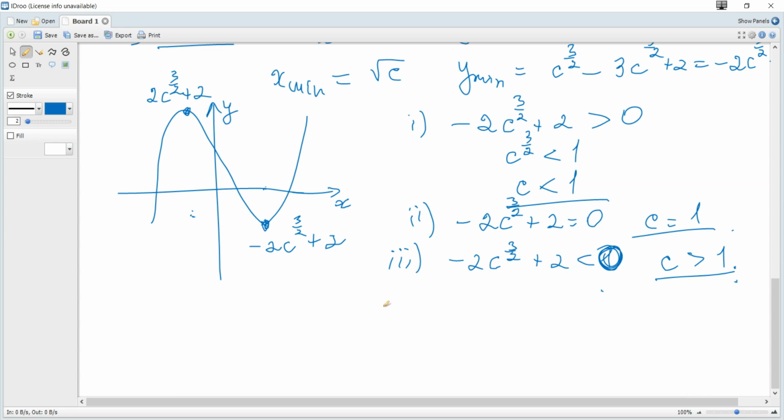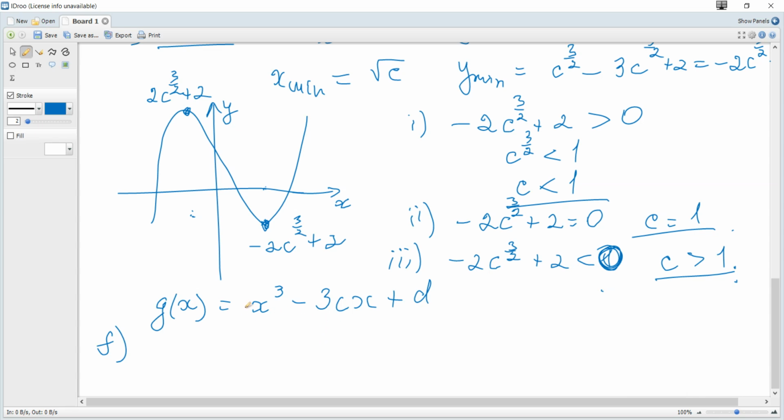The next, consider the function g of x is x cubed minus 3cx plus d for x real, where c, d are real. Find all conditions on c and d such that the graph of y is g of x has exactly one x-axis intercept.